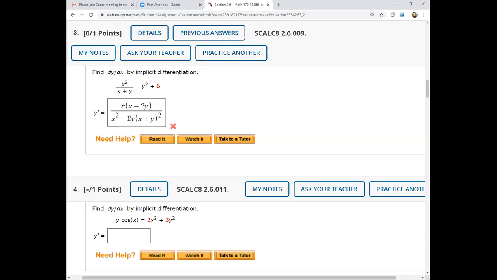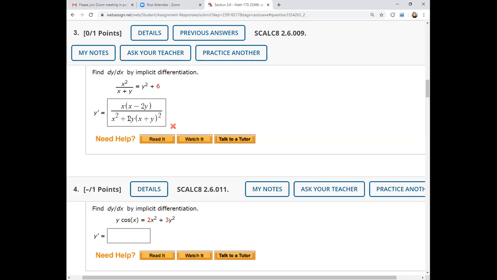Maybe you can try reading it or watching it and seeing if that happens. I don't think I see anything wrong with it, because then you have 2x squared minus x squared, which becomes x squared.